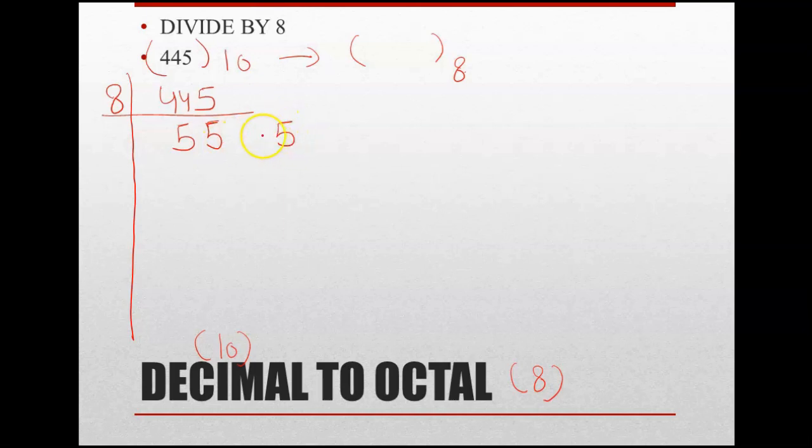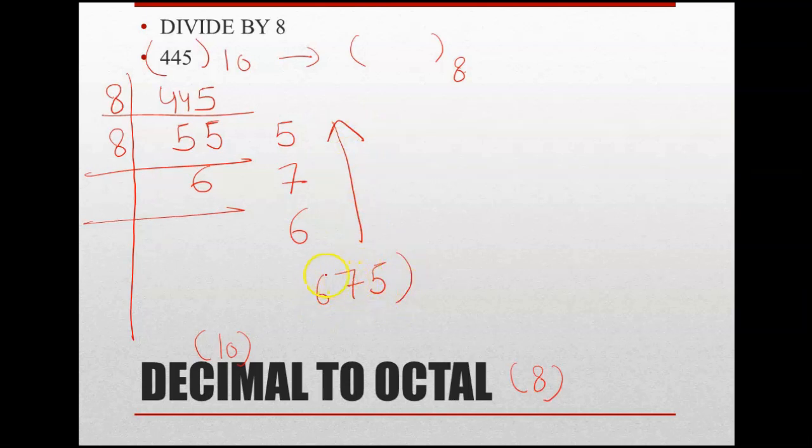Again, 8 sixes are 48, and the remainder is 7. Then 6 is smaller than 8, so it is the remainder itself. When you write the answer, you write from down to up. So the answer is 675, with base 8.